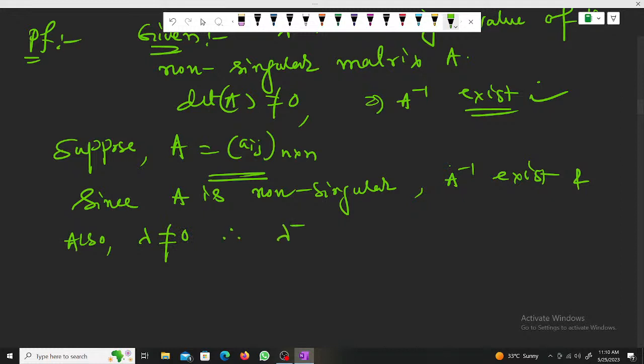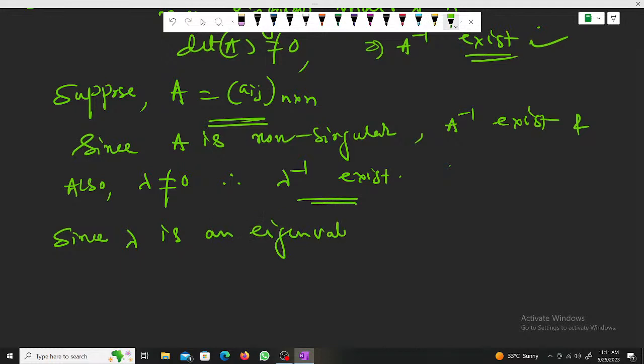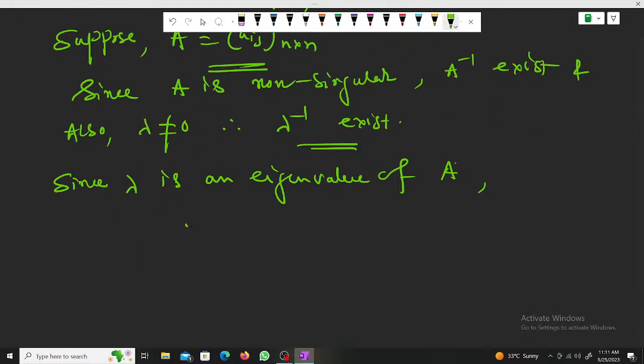Therefore lambda inverse, that means 1 by lambda exists. First of all আমার existence নিয়ে আমাকে একটু ডিসকাস করলাম, এরপর আমি মানে প্রুফে যাব যে since lambda is an eigenvalue of the matrix A, then the definition of the eigenvalue, determinant of A minus lambda In is equals to 0.